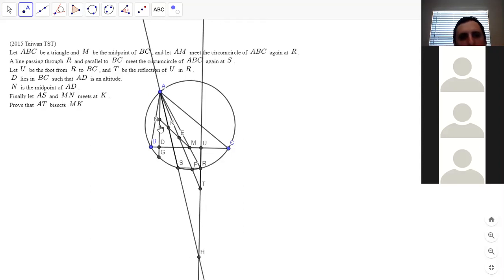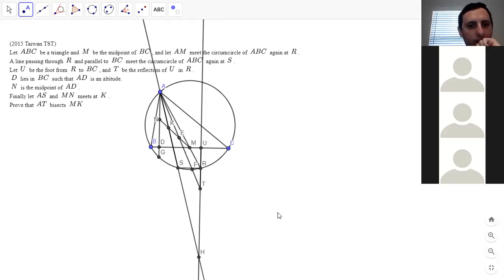So basically the cross ratio NKEM, if I project through A onto UT, would be H, T, R, infinity. So I think I want to show HT over TR is equal to NK over NM.